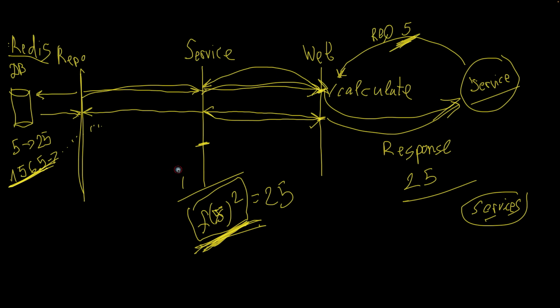This actually will be one if-else block. If we have this in the database, return it. If not, calculate it. It will be so easy. So the structure of the application is important.